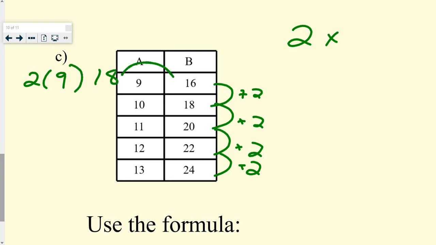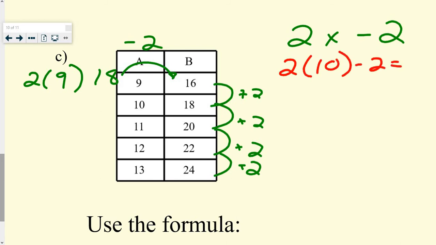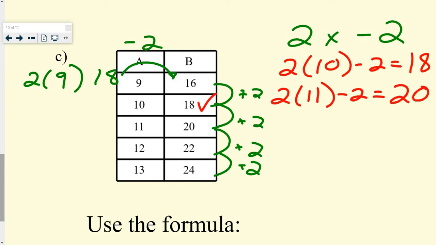To get from 18 to 16, we have to minus 2. So let's go with 2x minus 2. Let's plug in right here. 2 times 10 is 20, minus 2 is 18. So this is working out. 2 times 11 is 22, minus 2 is 20. So again, this formula is working out.